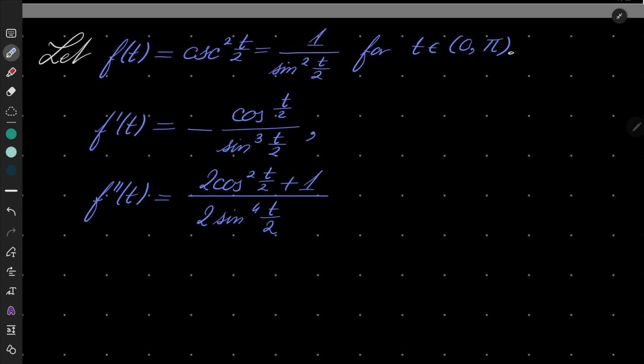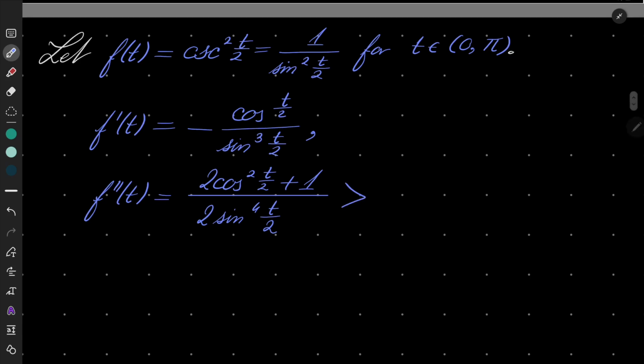What do we see? We clearly see that our second derivative is strictly greater than 0 for t between 0 and pi.